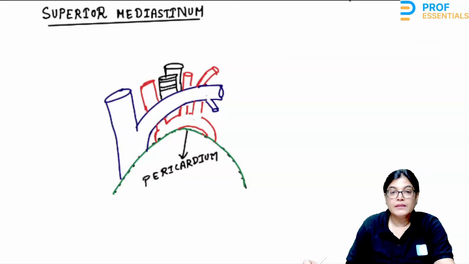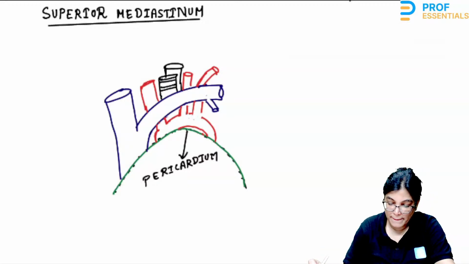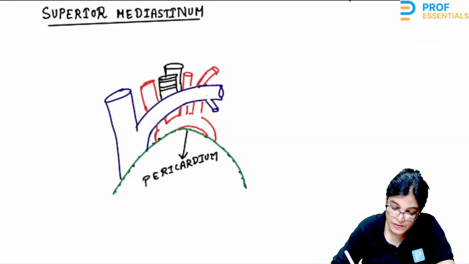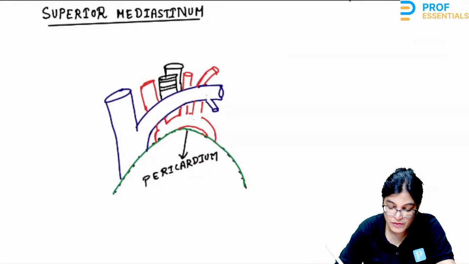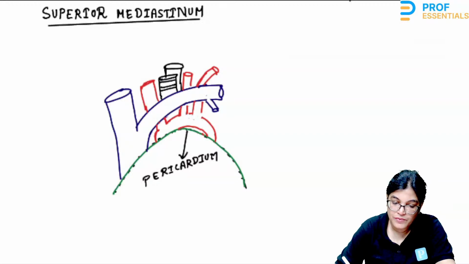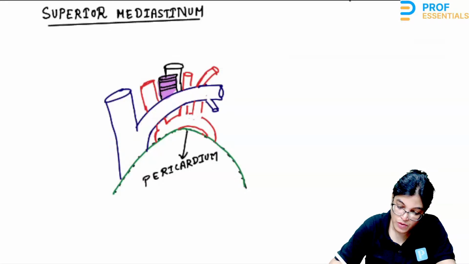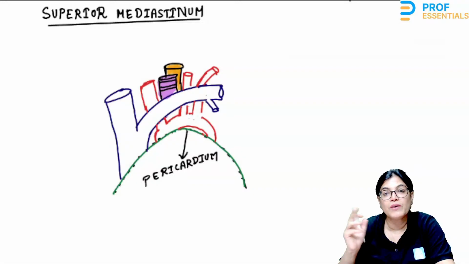Got it? And there will be nerves also, so I will draw the nerves and shade them too. We can use orange color for the esophagus and violet color for the trachea along with the rings.